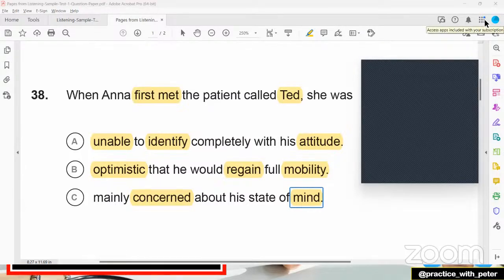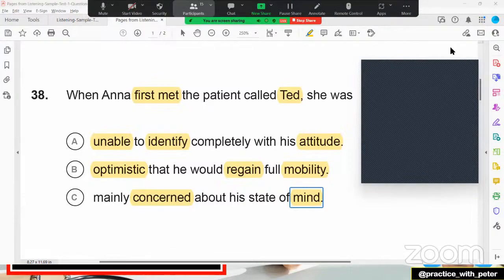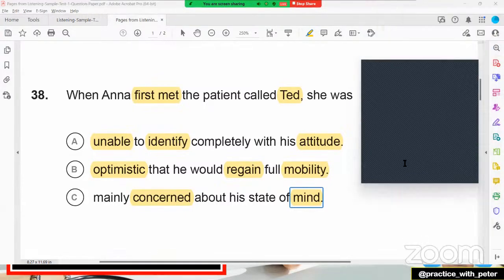Then next one, regain. Regain, return. Come back to. Possess. Return.